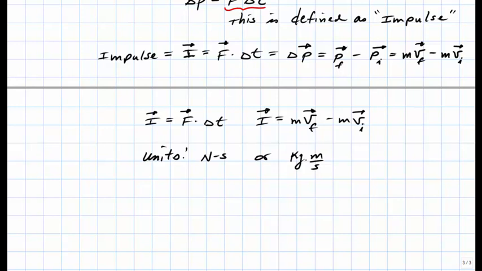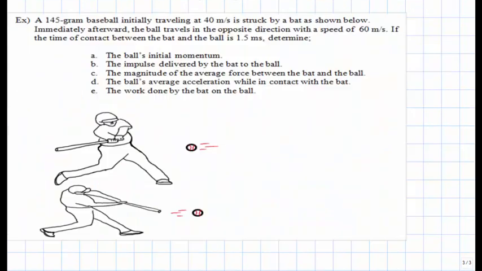We will now introduce an application of the various topics that we have discussed. In this application, a 145-gram baseball initially traveling at 40 meters per second is struck by a bat as shown below. Immediately afterward, the bat travels in the opposite direction with a speed of 60 meters per second.